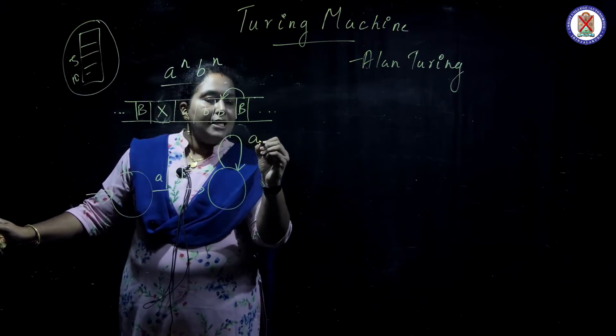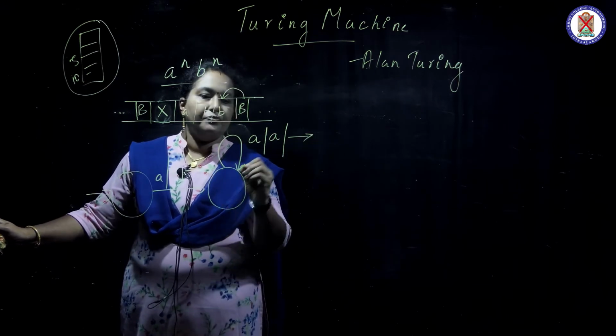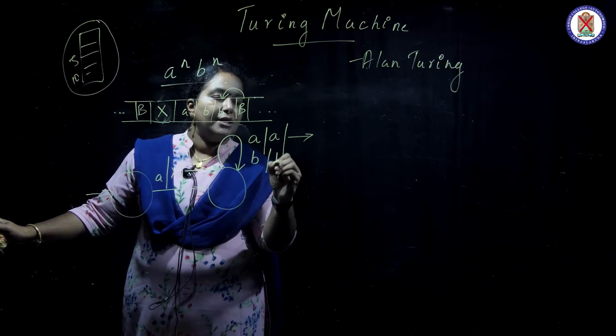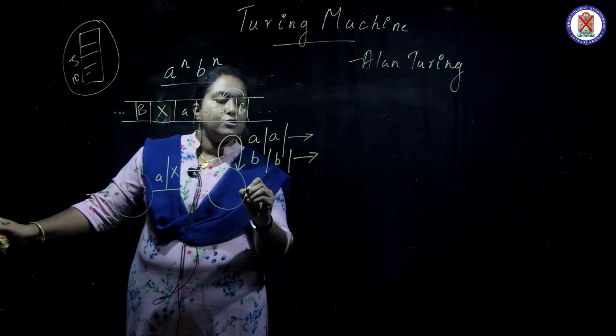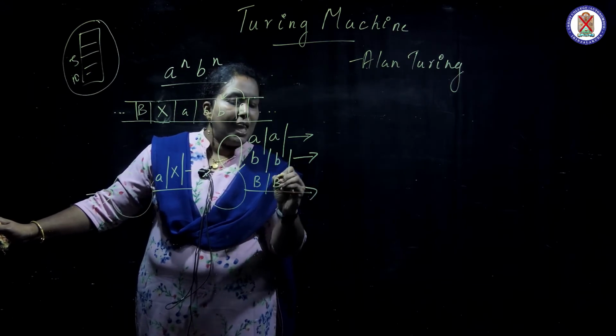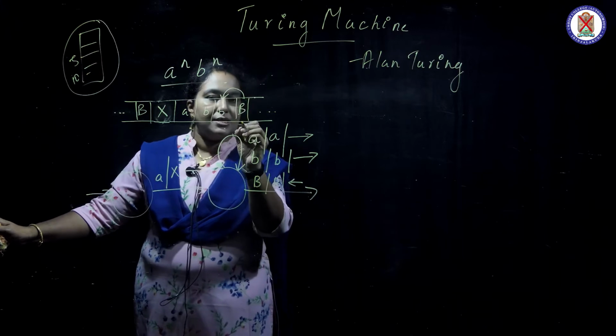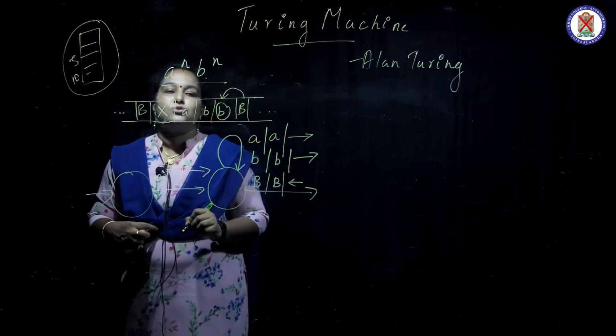So when I see A, I make it as A and move forward. When I see B, I make it as B and move forward. When I see blank, I make it as blank and move backward, since I have to make the B as Y.